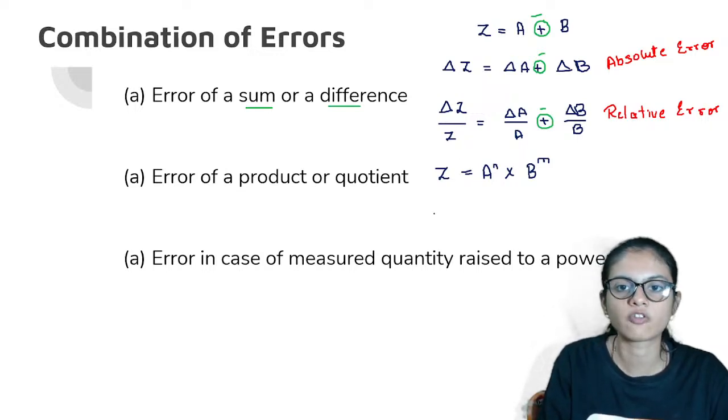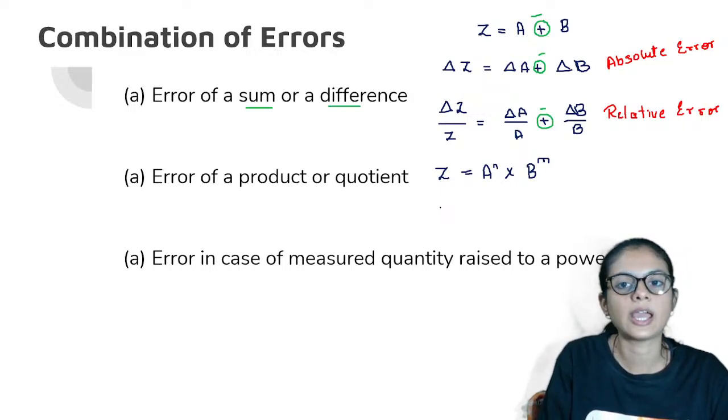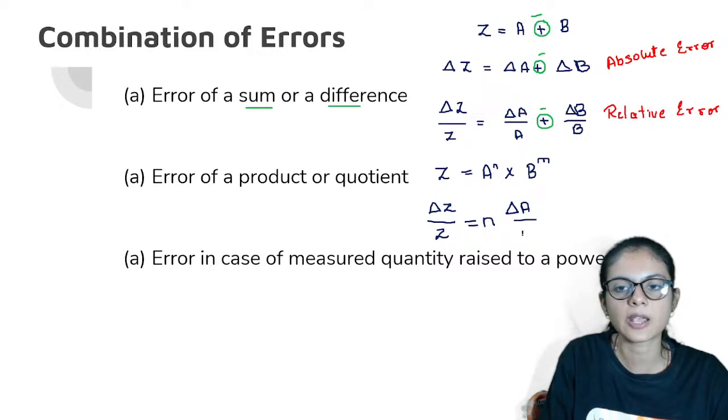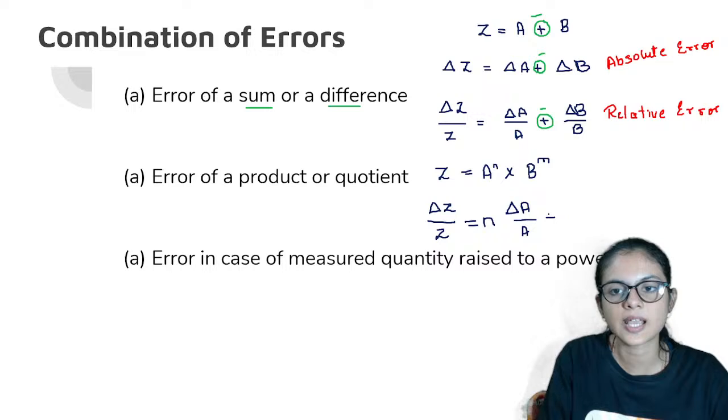So they are in the format of multiplication. If I take the relative error over here, delta z by z equals this power n comes down into delta a by a, right? After that we add a plus sign here and m into delta b by b.